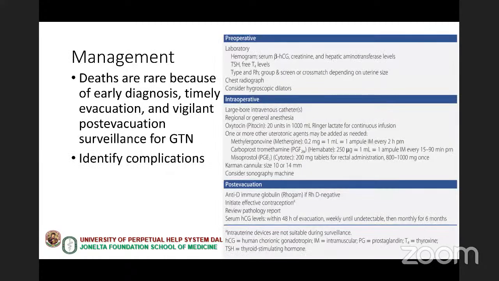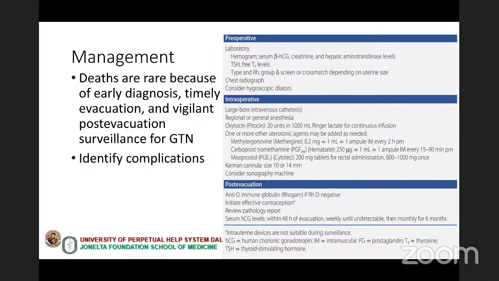Management. Now that detection is early, deaths are rare. With timely evacuation, deaths are rare. And surveillance for GTN, gestational trophoblastic neoplasia, has decreased in incidence. And we are better at identifying its complications.